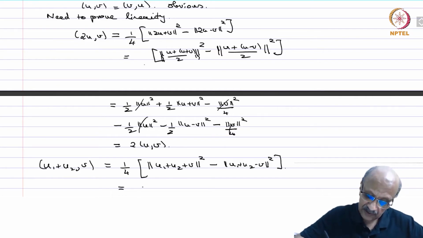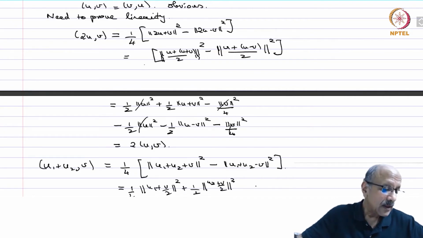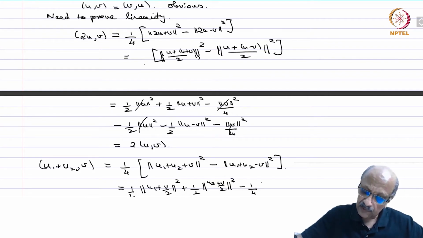From the parallelogram law, this will be equal to 1/2 norm u1 plus v by 2 whole squared plus 1/2 norm u2 plus v by 2 whole squared, then minus 1/4 norm u1 minus u2 whole squared.